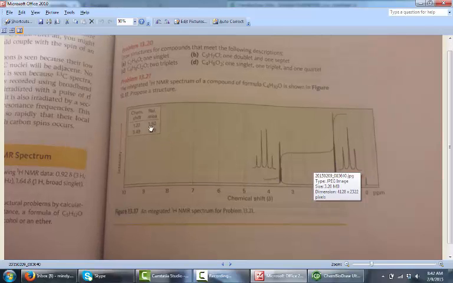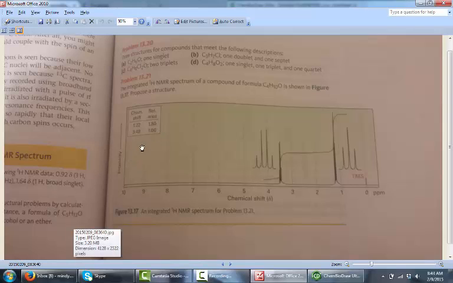And the second thing is, if I look over here at the relative areas of the peaks, I see that they're in a ratio of 1.5 to 1. So that's about the same as 3 to 2. Because we have 10 protons, what that means is we have 6 of one type and 4 of another.